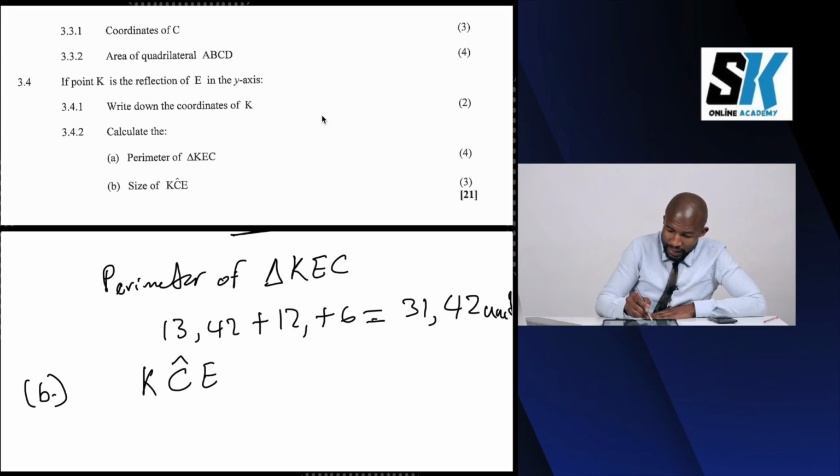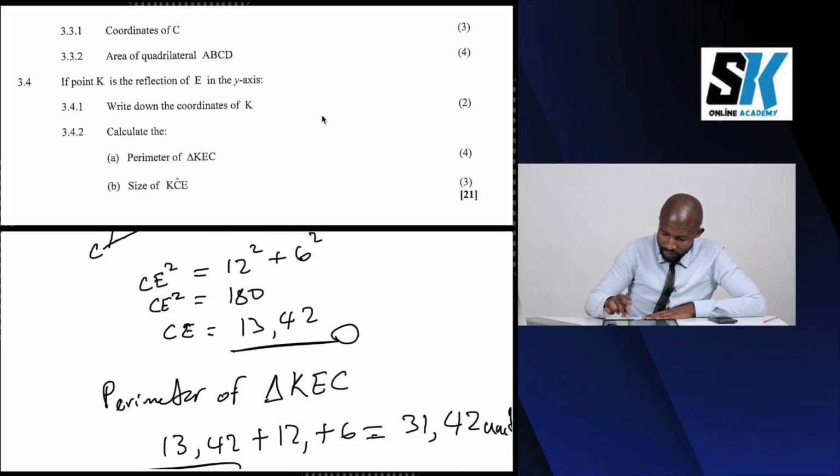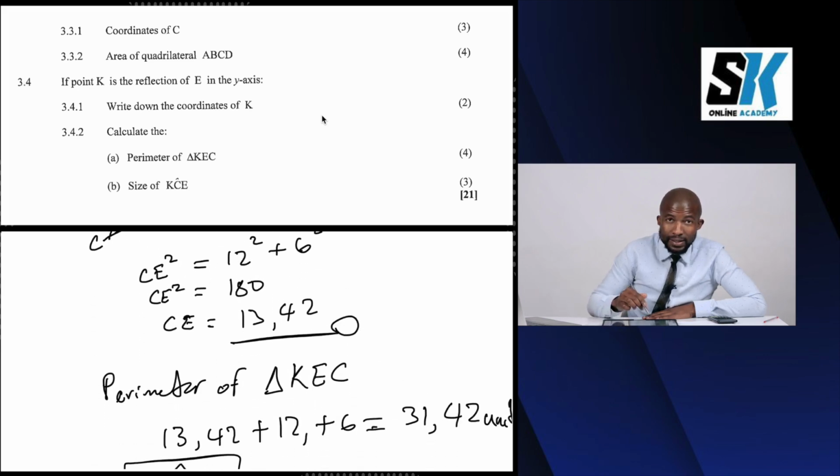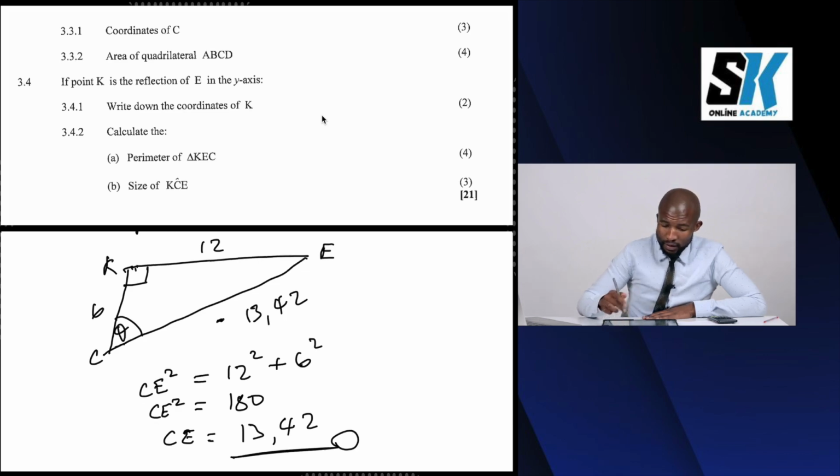If you go back to your triangle and check which angle they're talking about, KCE, the middle letter has to be that angle, which is this theta that you're looking for.